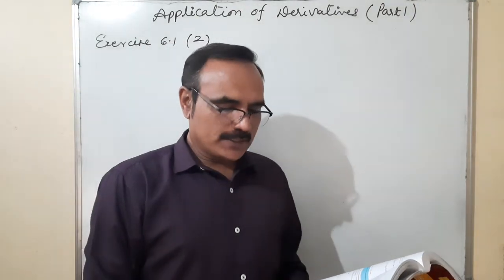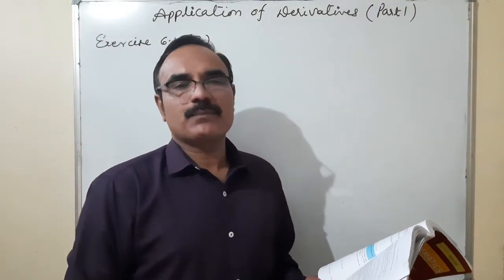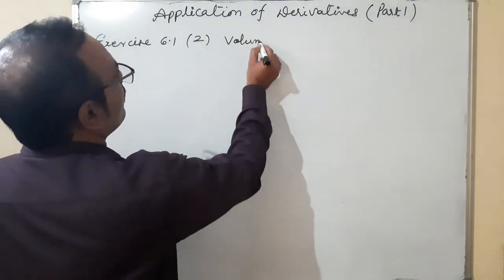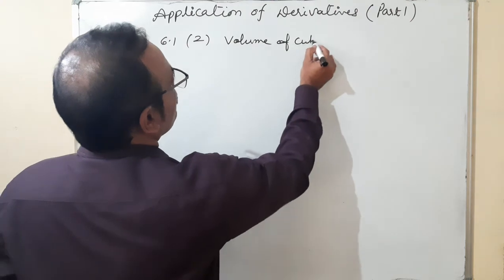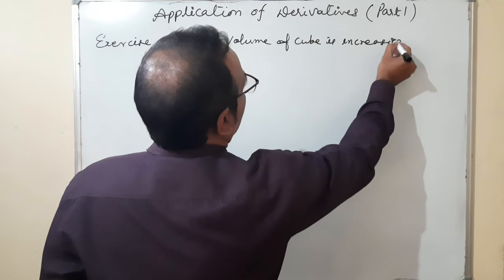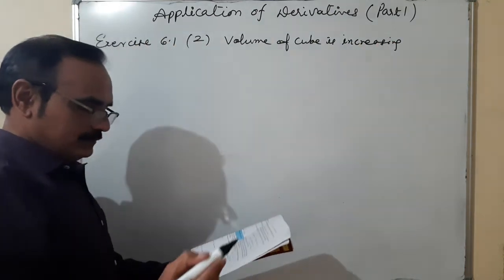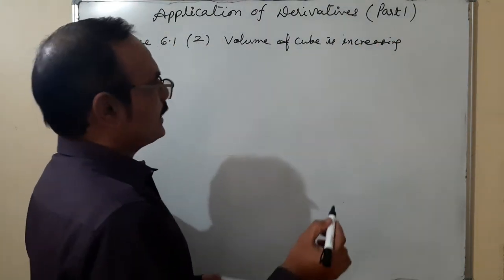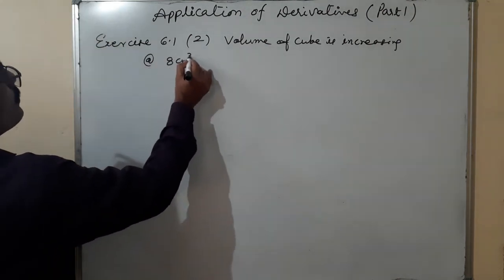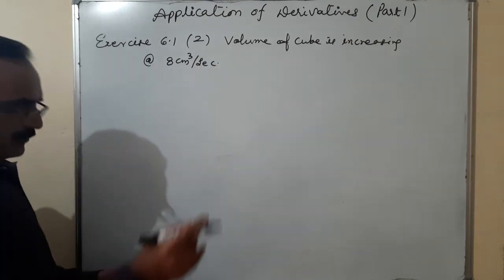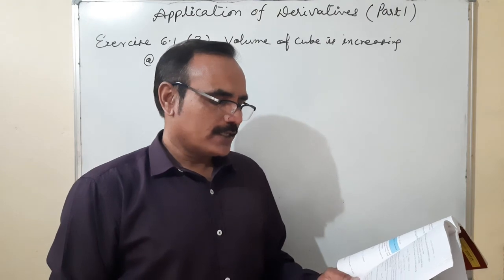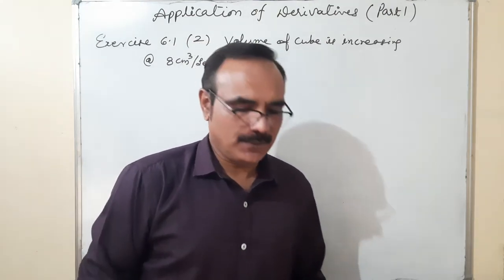The volume of a cube is increasing at the rate of 8 centimeter cube per second. Okay, its volume is increasing. How fast is the surface area increasing when the length of an edge is 12 centimeter?